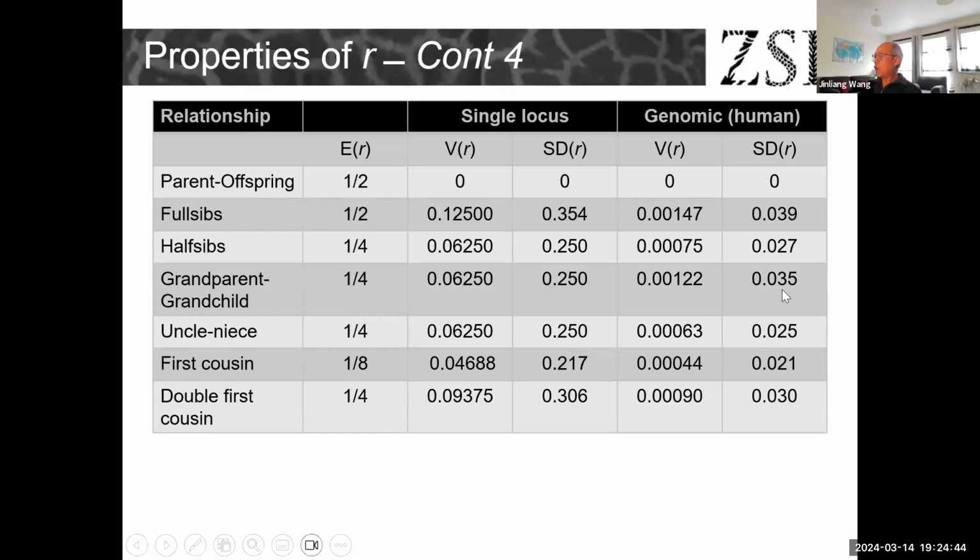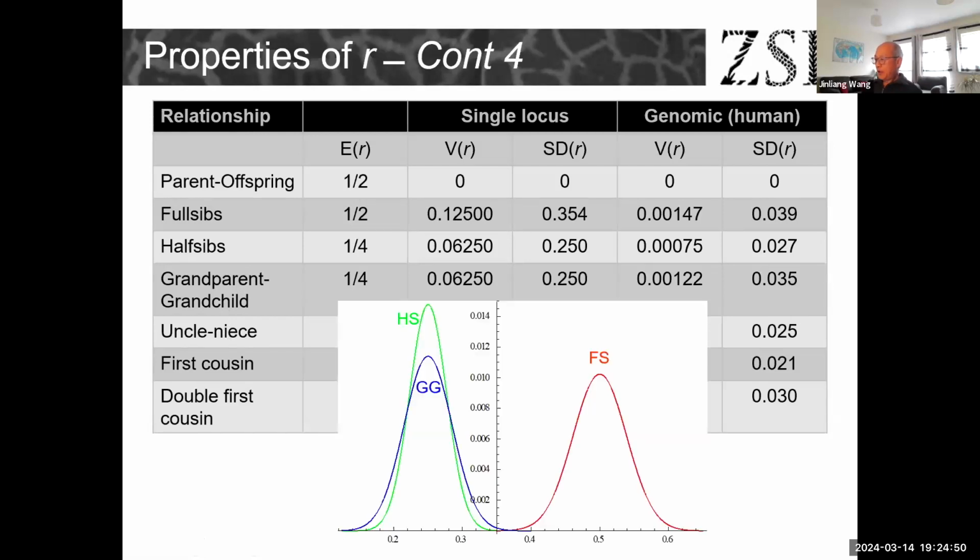It has a high variance relative to half siblings and uncle-nephew. This graph shows the distribution of the genome-wide realized relatedness for different relationships.